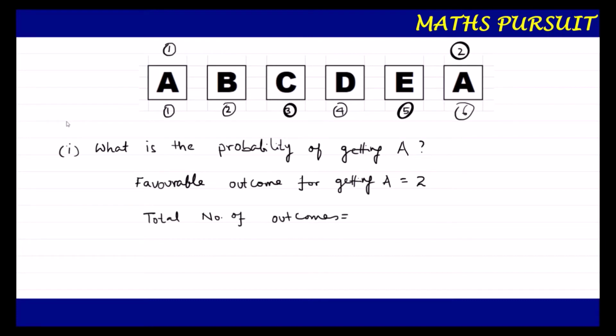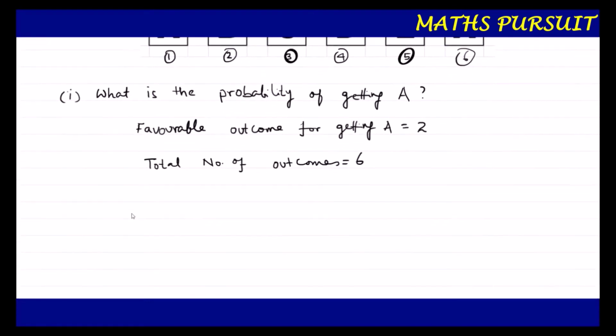Now guys, we very well know that the probability of an event is given by the number of favorable outcomes upon the total number of outcomes.